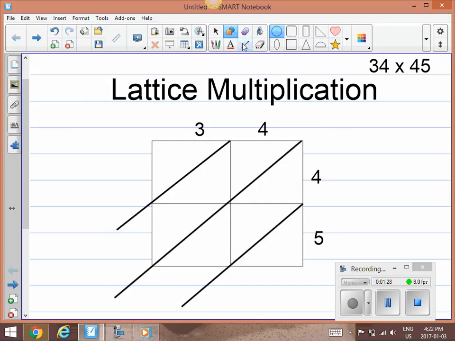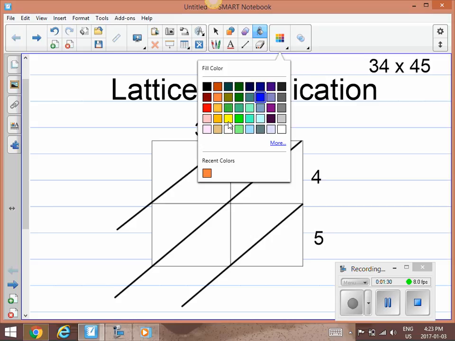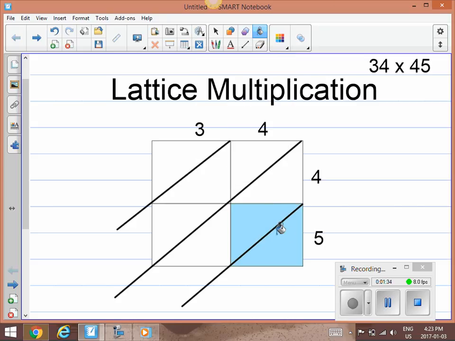So let's look at our first one. I'm going to look at this blank right here, and like I said in part 1, it doesn't really matter which box you'd like to start with, but I generally start with this one just because it's where we would start traditionally when we're multiplying in the algorithm.